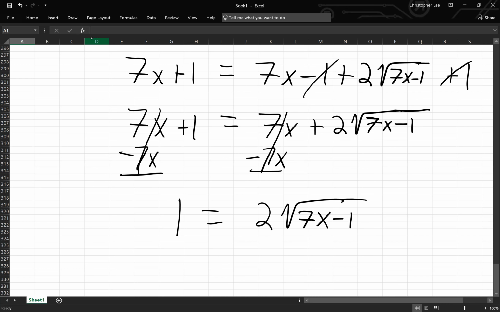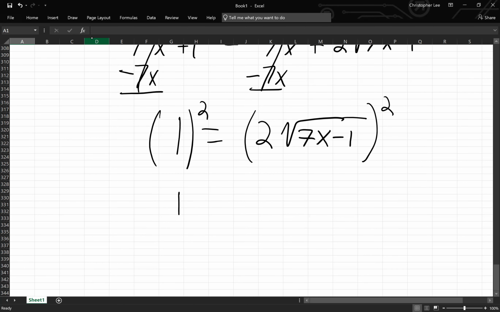I'm gonna square this term here, but what I do to one side of the equation, I have to do to the other side. So what do I have? 1 is equal to 4 times 7x minus 1. Just like that. After that, just solve for x.